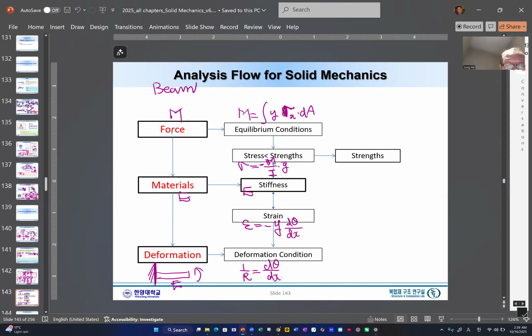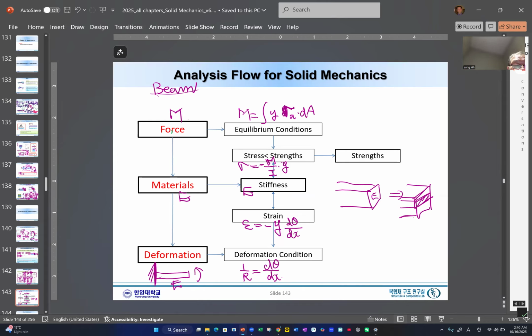Of course, when we derive this, the material of the beam is the same Young's modulus, but this can be many different materials, layered material. This is an advanced topic, but very important. So anyhow, this is the whole analysis flow in the case of beam theory.